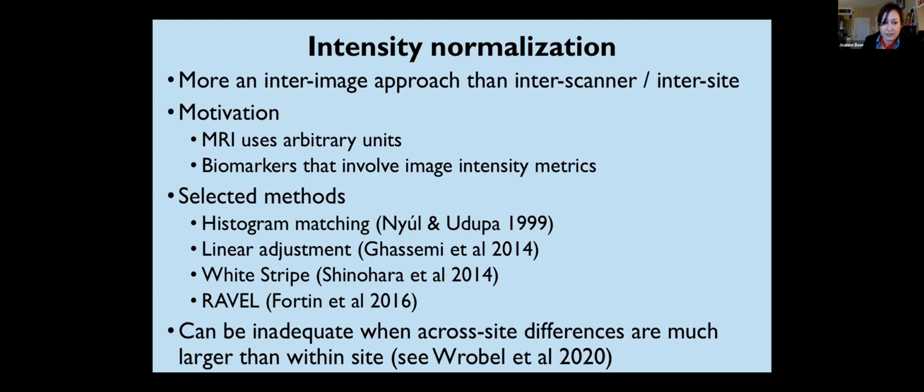Many methods have been proposed to do intensity normalization, starting maybe in the late 90s with histogram matching. Those are good, but it's found that intensity normalization alone can be inadequate when we have a lot of across site differences. So there are other methods to supplement these normalizations.